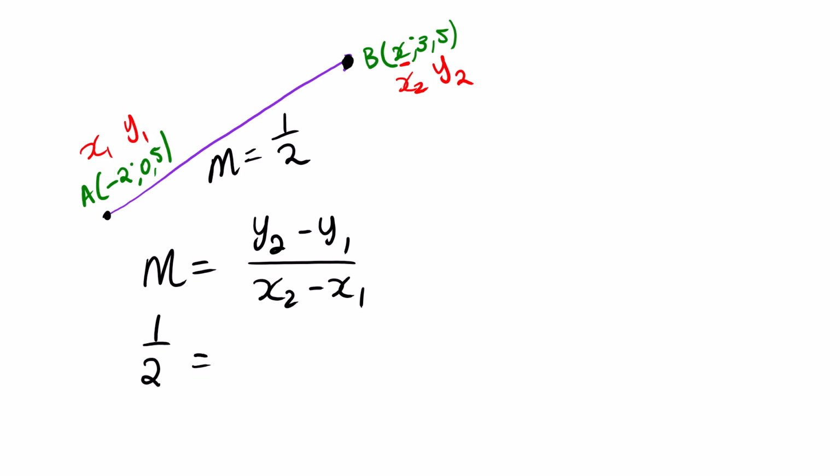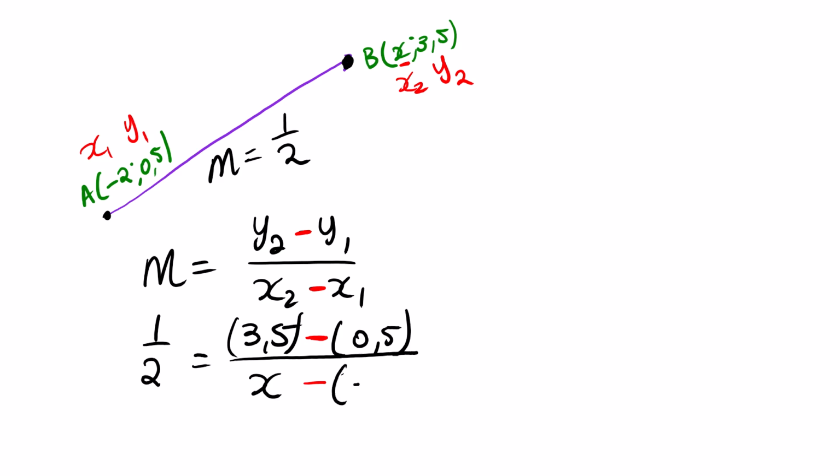And then our y2 is 3.5 minus our y1 is 0.5 all over our x2 is simply x minus our x1 is -2. Now we need to solve for x.